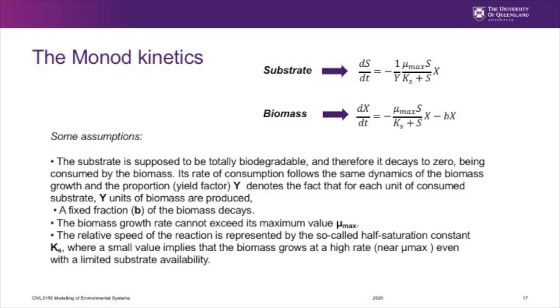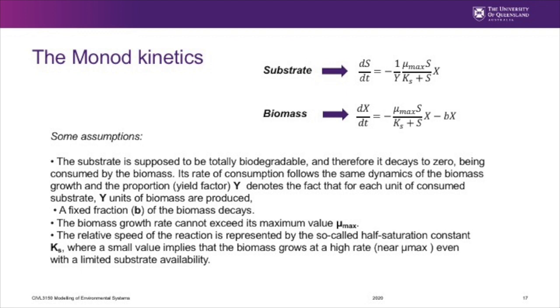So some assumptions once these equations are being solved are that the substrate is supposed to be totally biodegradable and therefore it decays to zero. You know that this is not always the case, and there might be some remainder of the substrate depending on the degradation efficiency, right? That is not actually included at this point in the equation. So the substrate is being consumed by the biomass.